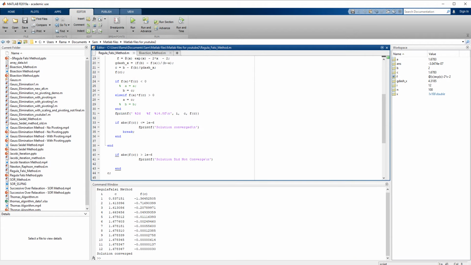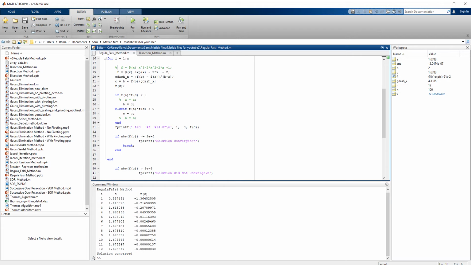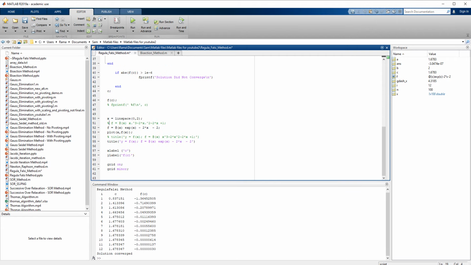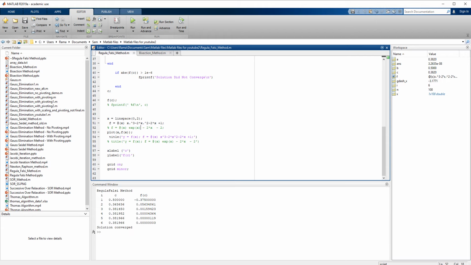We can even try the first problem here. We can try to solve the algebraic equation. So similar algorithm, just the equation is different here. So the Regula Falsi method solves this problem in just 6 iterations.